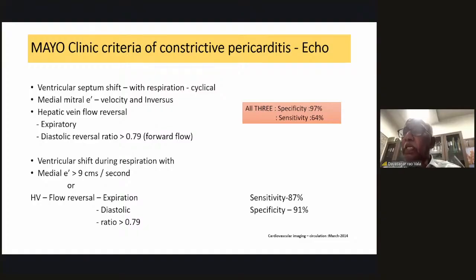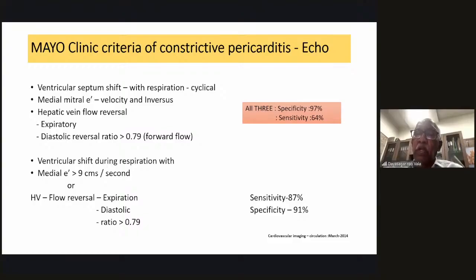If all three criteria are present, it is very highly specific, but sensitivity comes down to 64%. That means only about 60 to 70% of patients with constriction will have all three parameters abnormal.